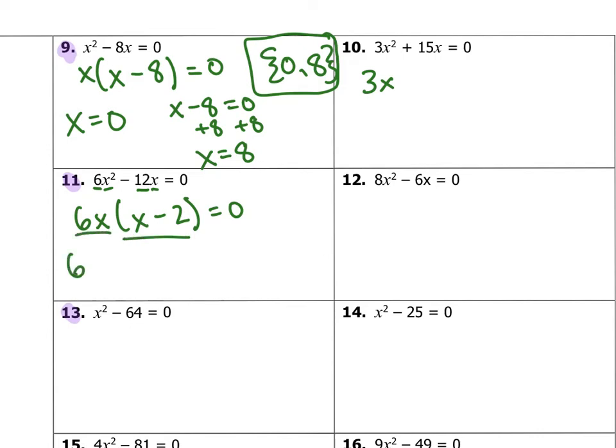So the new step today is that we need to set each factor, each thing, equal to 0. So now 6x equals 0, and x minus 2 is equal to 0. Well, the first one, you want to get x by itself. As trivial as this seems, you want to get x by itself. So we're going to divide both sides by 6 and find that x is equal to 0. So there's one solution.